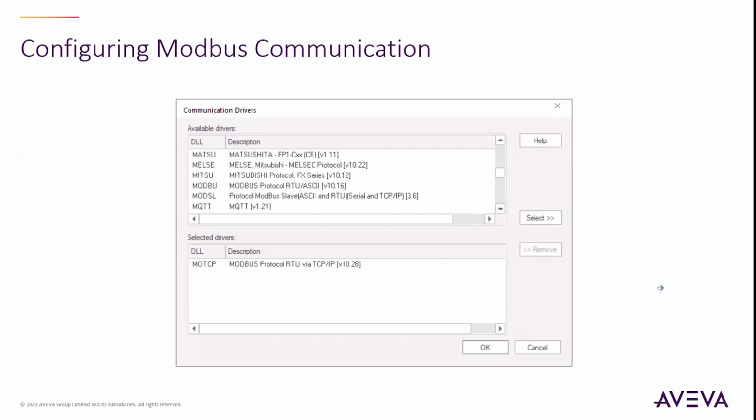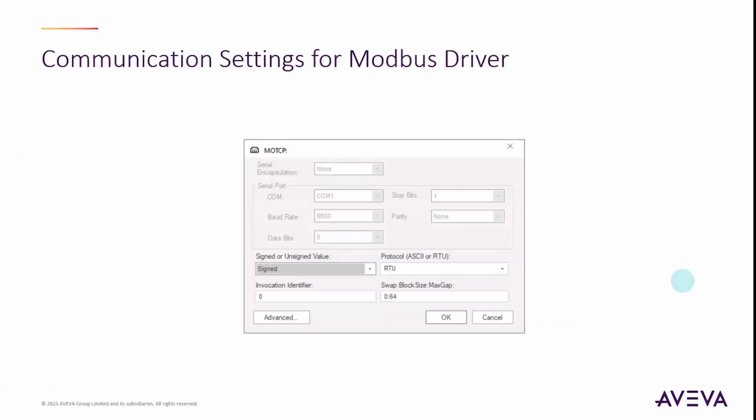Then you can just scroll down to click the one that you want to set up. What you can see here is the 4 or 5 different Modbus drivers that are available, and you would just select the Modbus driver that you want to use. If you need any additional configuration, you can do that by going to the communication settings of that driver.